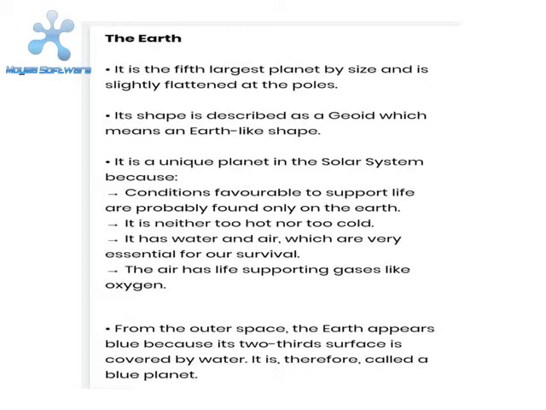We can say that most of the part is covered by water. So this planet, the Earth, is called a blue planet because most of the part, two-thirds of the part, is covered by water.